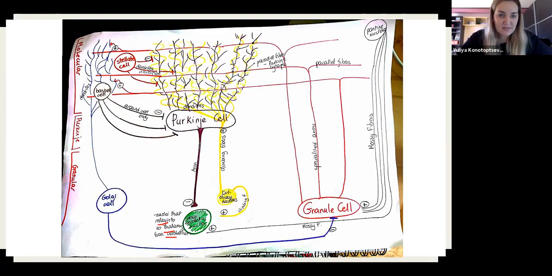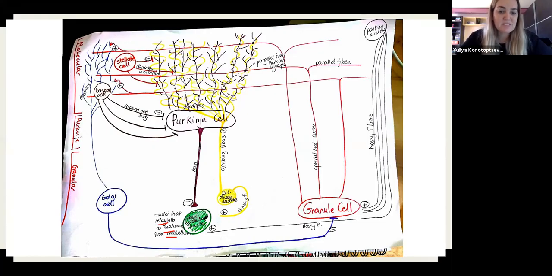To simplify it, if the Purkinje cell does its job, if it inhibits these nuclei, there will be no movement. You won't move, because thalamus and cerebellum actively participate in that. So again, the Purkinje cell is an inhibitory interneuron.